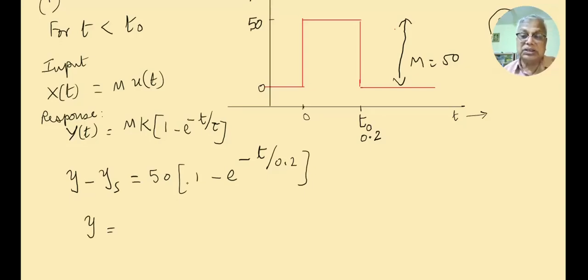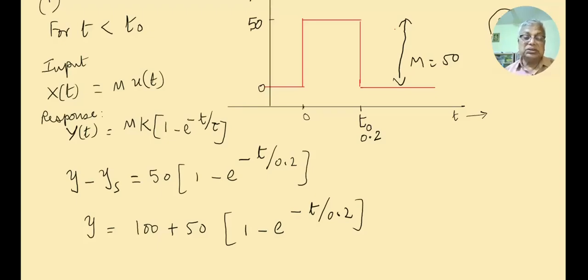Ys we said, ys is 100. We told you earlier, the steady state thermometer reading is 100, ys is 100. So 100 plus 50 into 1 minus e power minus t by 0.2.